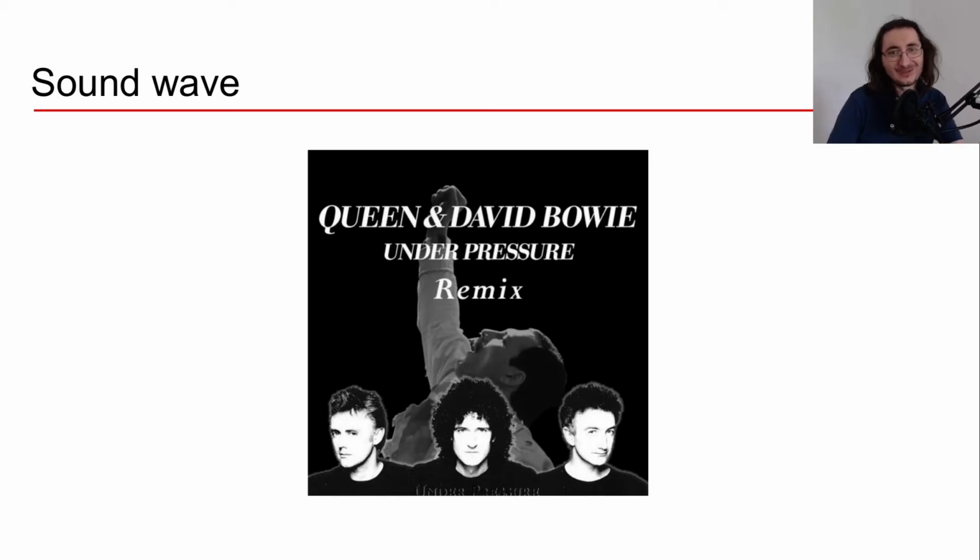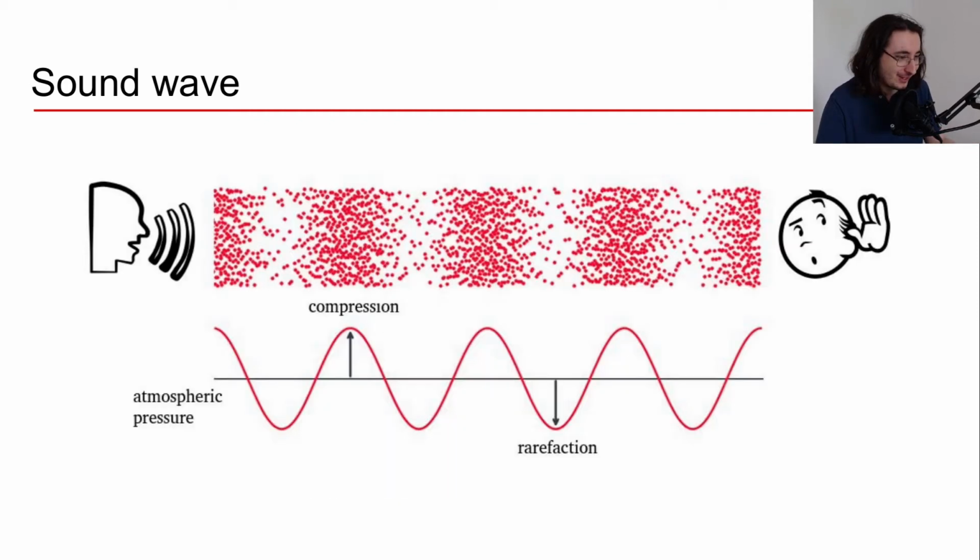And obviously we can visualize all of this by using a pressure plot, okay? Obviously this is not the type of pressure that I want to talk about here, like air pressure. Basically, we can visualize a sound wave as a simple sine wave.